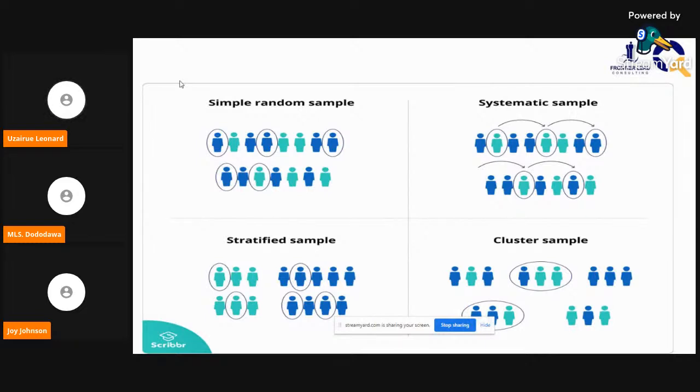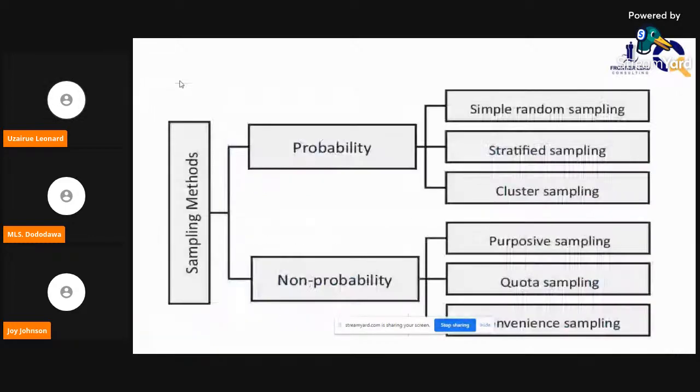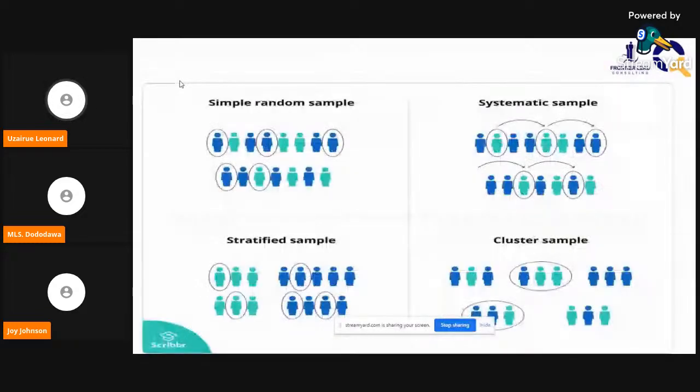This is the probability sampling method. Under this probability sampling method, I think there are more than four, but basically we'll just look at four here. We look at simple random sampling.